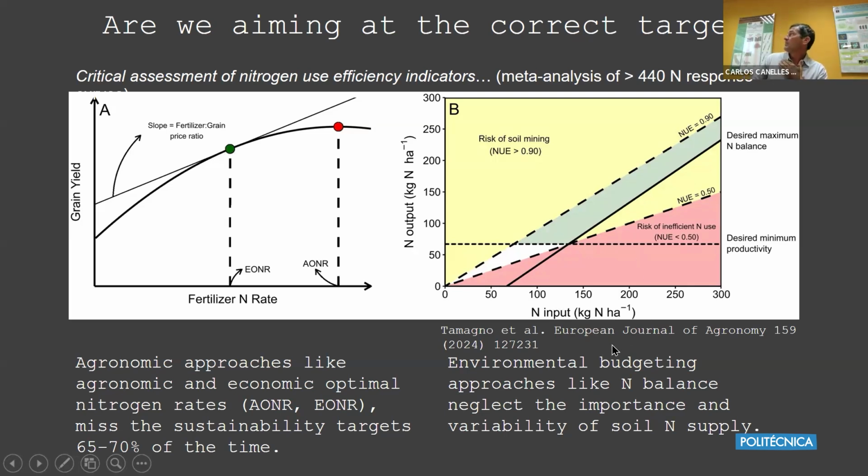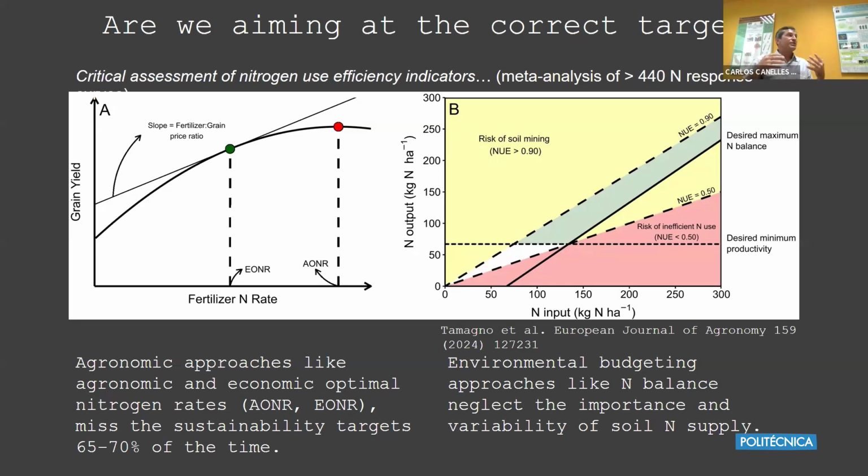And then you're probably familiar with approaches like nitrogen budgeting. This is the EU framework, and we have similar frameworks in California where inputs and outputs have to be more or less in balance with a little bit of fudge factor for cycling that goes on in the soil.